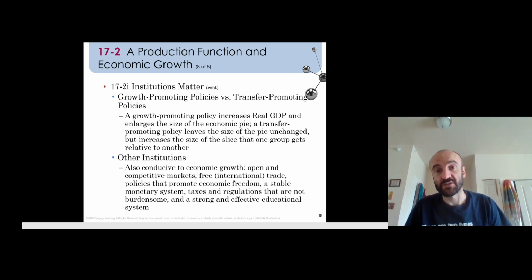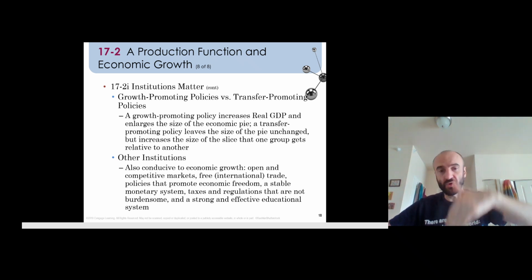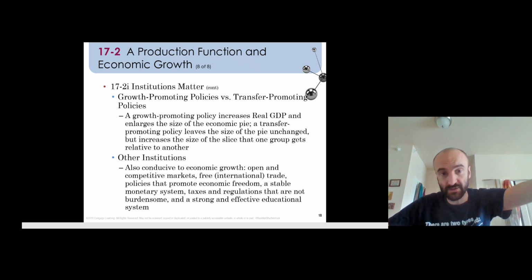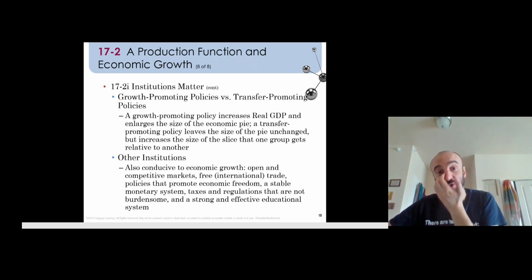And reasonable business regulations. So Texans are not in and of themselves smarter or better educated than Californians or New Yorkers, and they don't have more people than California, and they don't have better technology. After all, Silicon Valley is in California. What they have are better institutions.